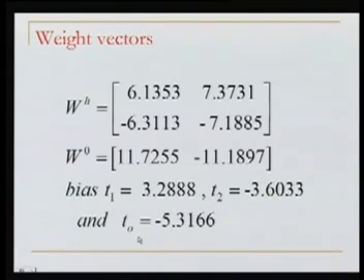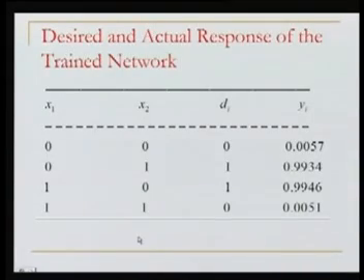After training, if you give this input, this is x1, this is x2, this is my desired output, and the actual output is very close to the desired output. You can say it is almost exact.